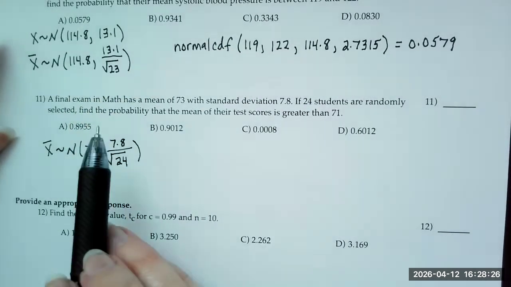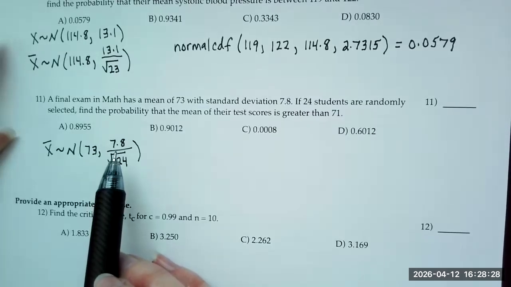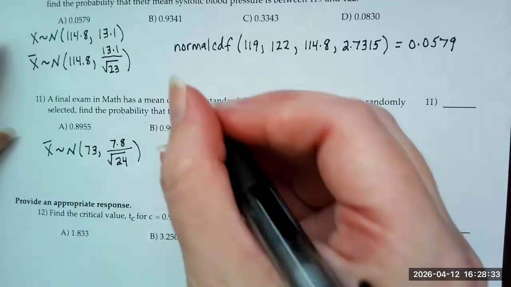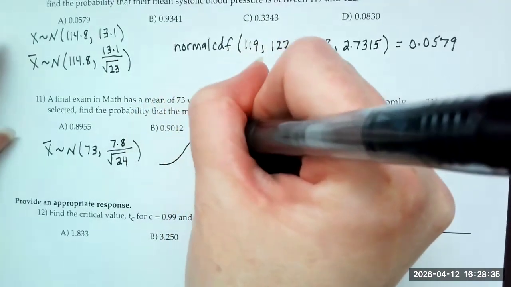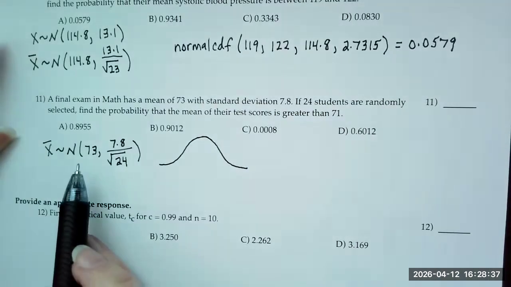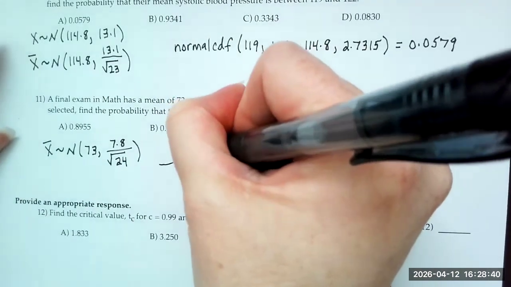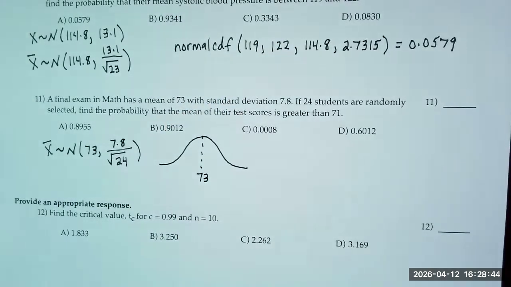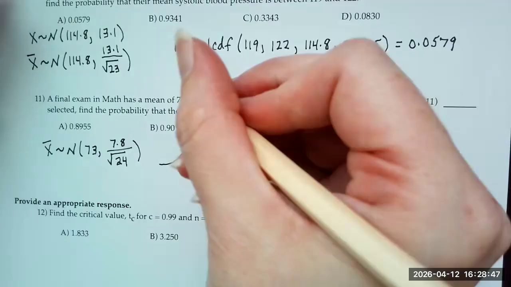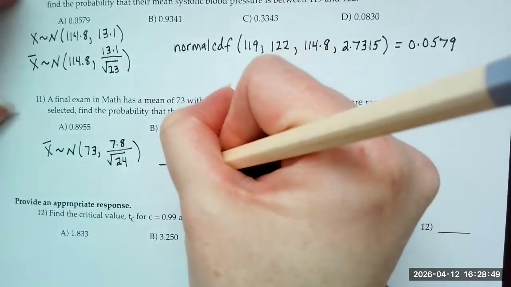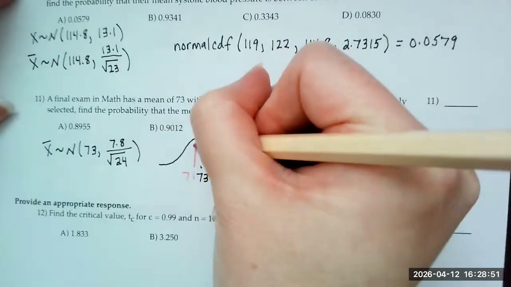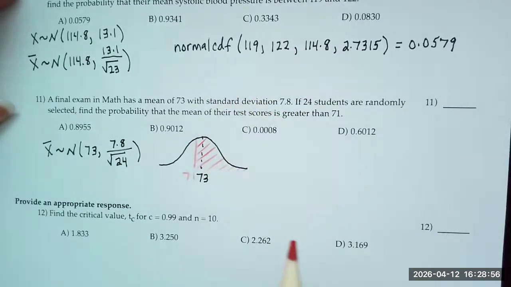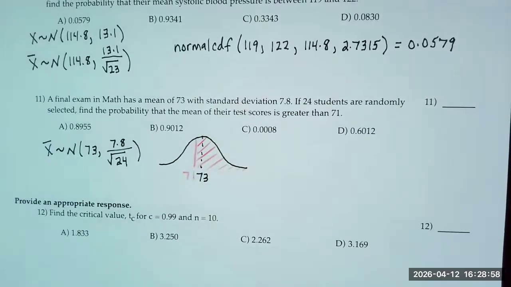Okay. And so when we go to put this into our calculator, because it just says greater than 71, I probably want to sketch so that I know where my starting place and ending place are. The mean's going to be 73 down the middle. And finding the probability that it's greater than 71 means we're going to be shading in more than half of the distribution, because if it were from just 73 over, that would be 50%, but we've gone a little bit further to get to the 71.